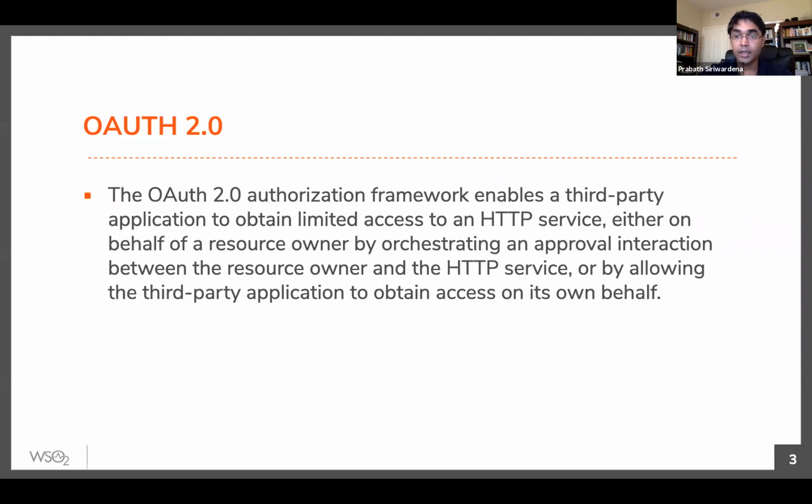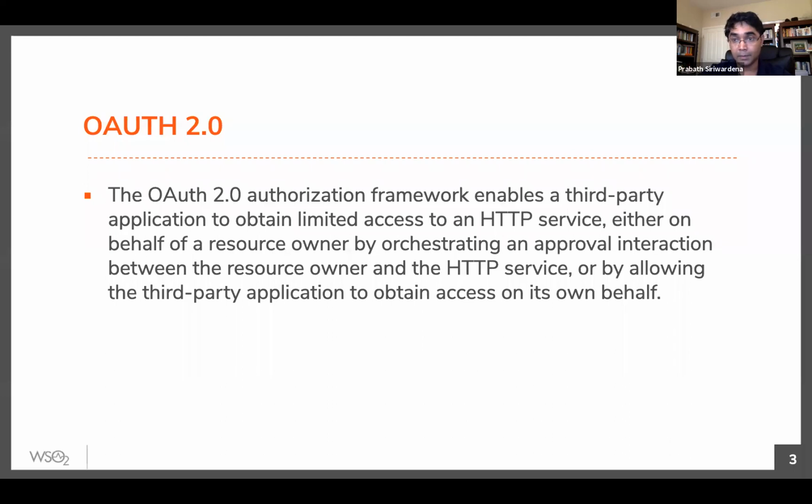Being a framework, there's a challenge. When we use a framework to do something, we have so many options, and then it's up to us to pick the best options that will suit our requirements. That's the challenge in using OAuth 2.0. There are multiple profiles built around OAuth 2.0, like for example the FAPI working group, which defines best practices for financial APIs.